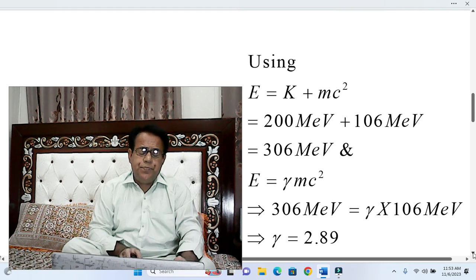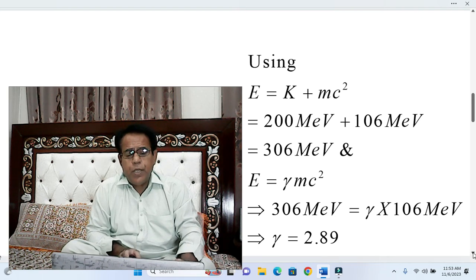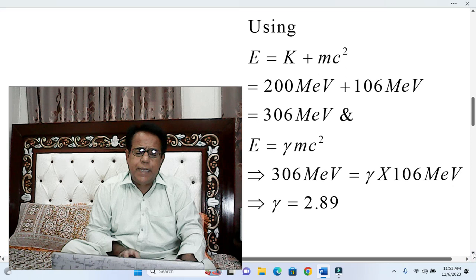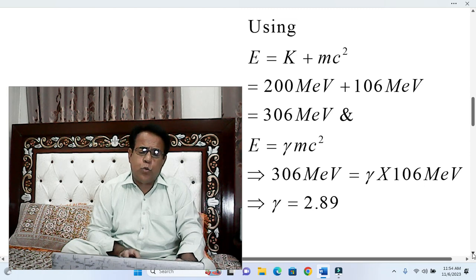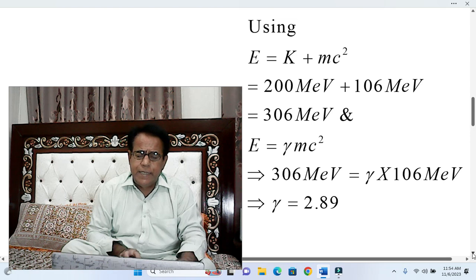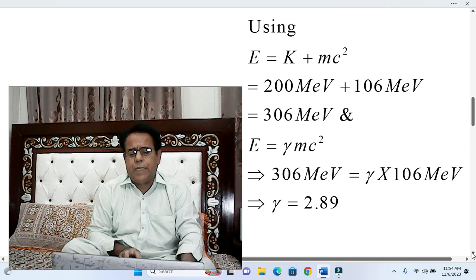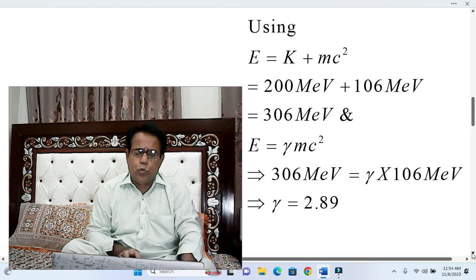Using this expression that total energy is equal to kinetic energy plus rest energy, that is E equal to K plus mc square, where capital K is the kinetic energy.